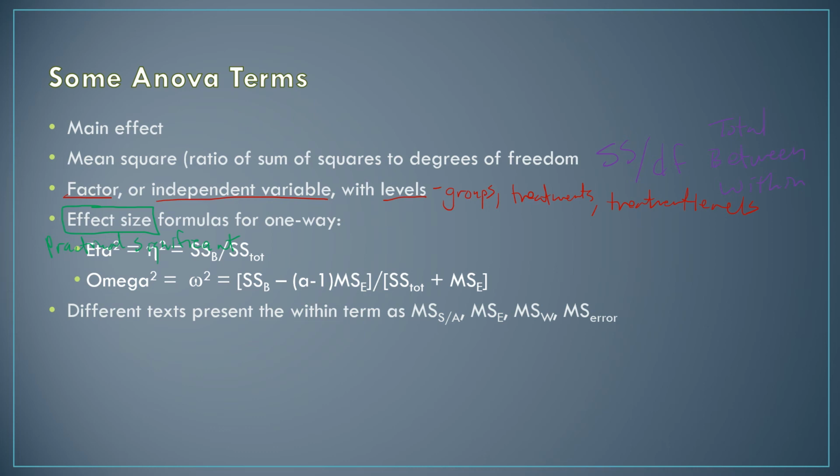So this S and A, this is between, error is within, W is within, and error is also within. So it's just being aware that these are not new mean squared values, but they're just using different subscript terms.